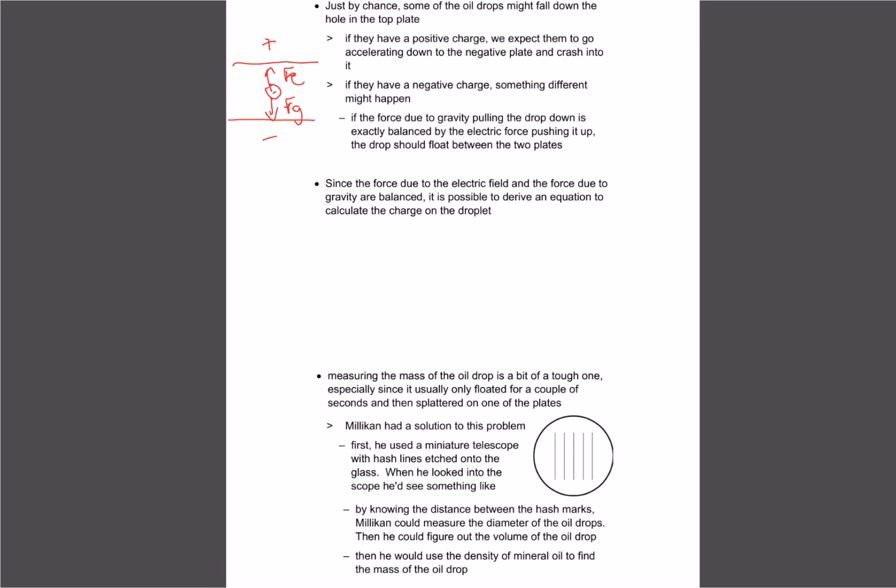He sprayed them randomly, and anytime he got a negative droplet to go inside the hole, he would adjust the voltage to see if he could get it to float. Because those two forces are equal, all we're saying is that electric force equals gravity. Electric force is Q times electric field, gravity is mass times gravity, and we can change electric field to voltage over distance.